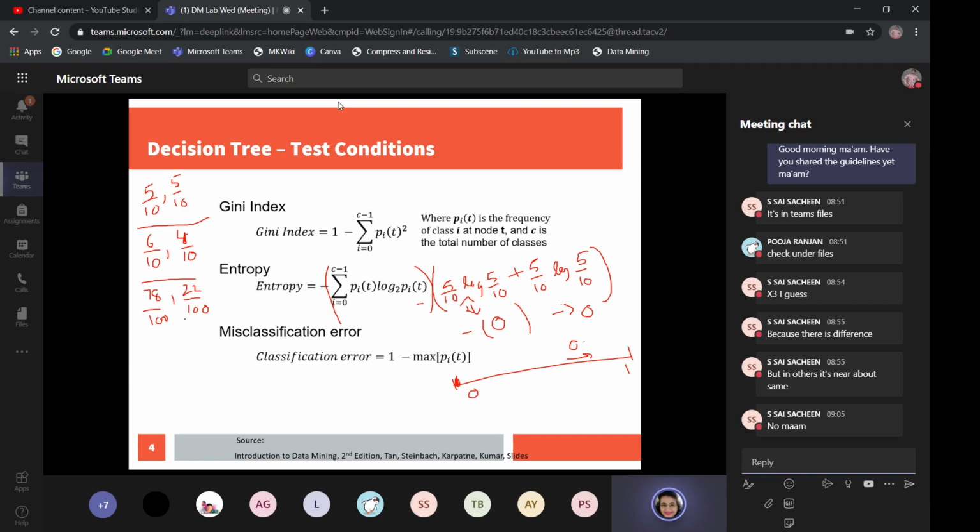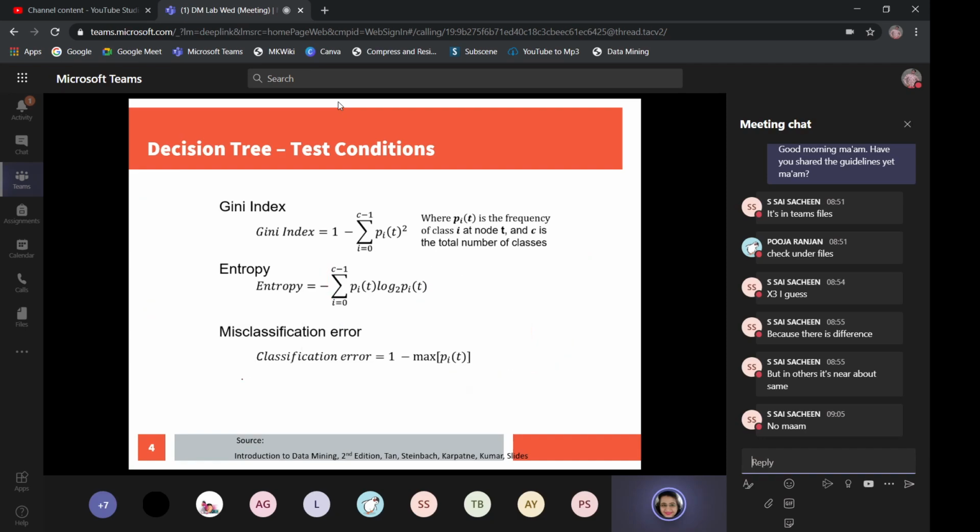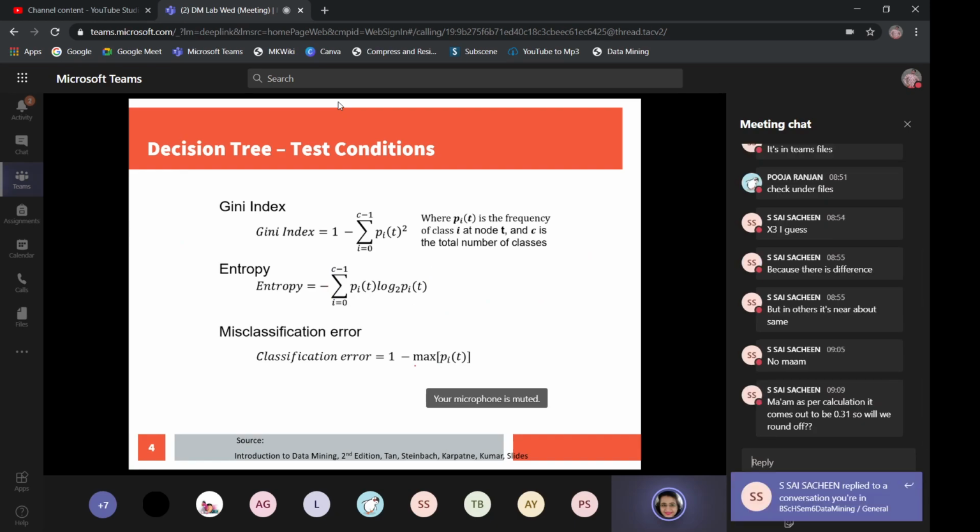So basically this one will tend towards 1, and because it is tending toward 1, it is giving you more information. So you will pick the one which is maximizing this. Okay, now because we are talking about probabilities, it is always giving you a probability.